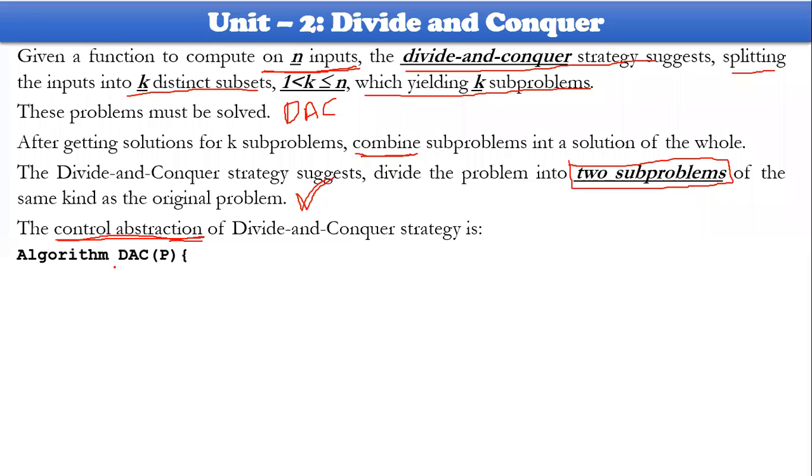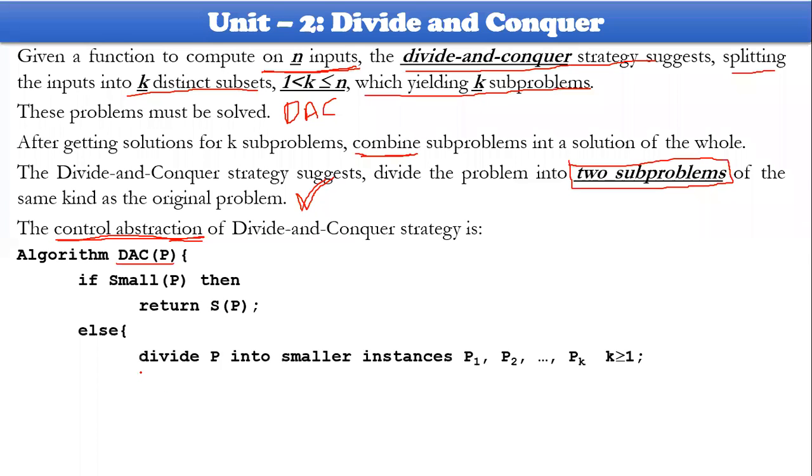So look at this algorithm DAC of your problem P. Here, if small of P, then return S of P. There is no problem at all. Else, if it is not small of P, what are we supposed to do?